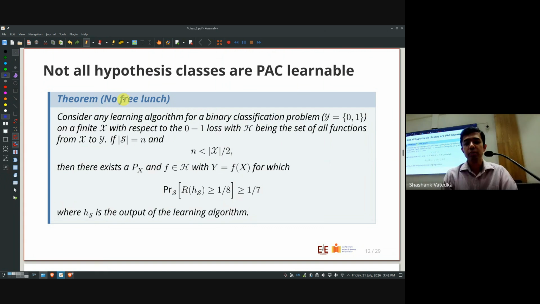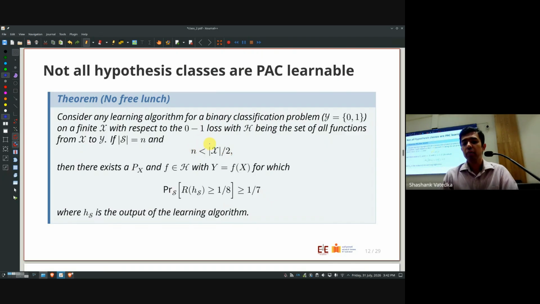So the no-free-lunch theorem says that if the number of samples that you have is less than half of the cardinality of x, it seems very specialized, but it has a lot of utility.